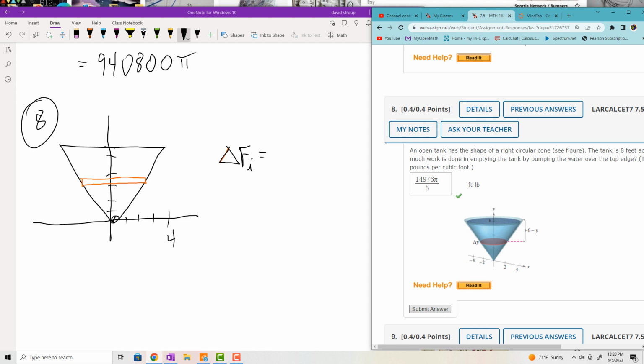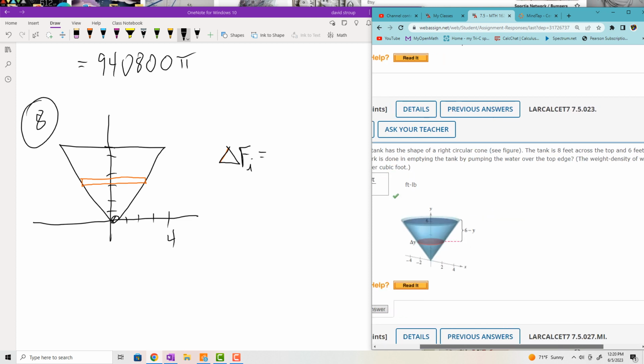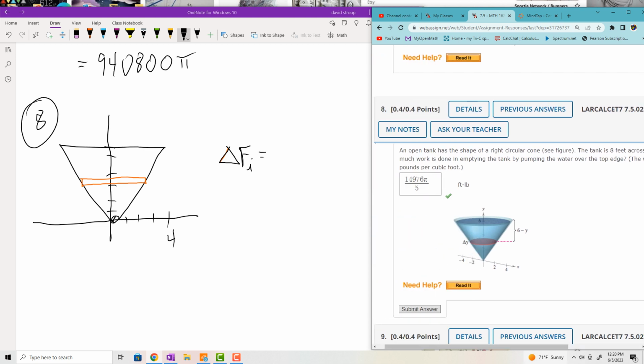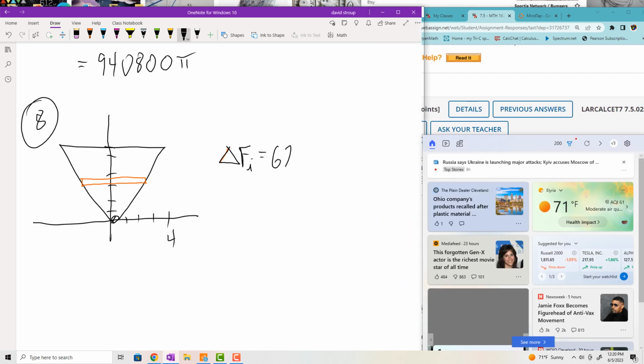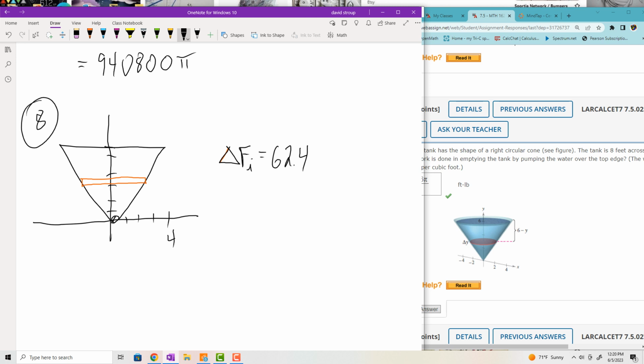The weight density is given in the problem as 62.4. Then you want to multiply that by the volume of that particular disk. So again, that's pi r squared h, but the problem now is the radius is not going to be a constant.